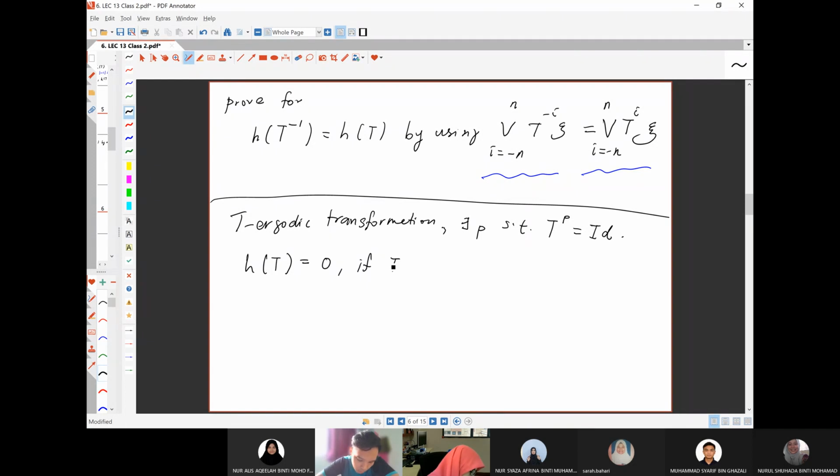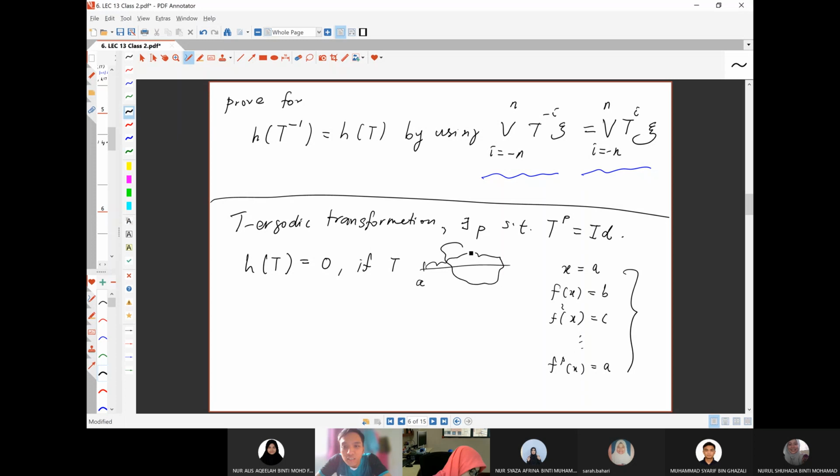So what can you gain from this information? If T power p is equal to ID, let's say x gives A, F of x gives B, F of 2x gives C, until F of px gives A. You start from A, and after p iterations, you get back to A. This is a periodic function.